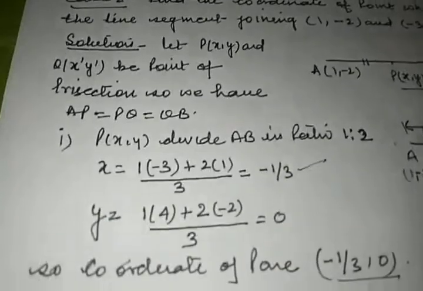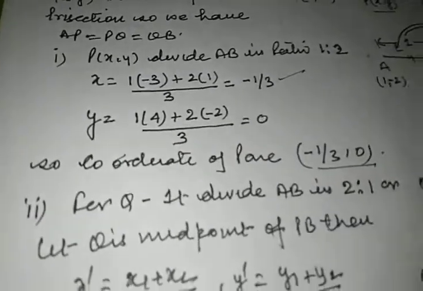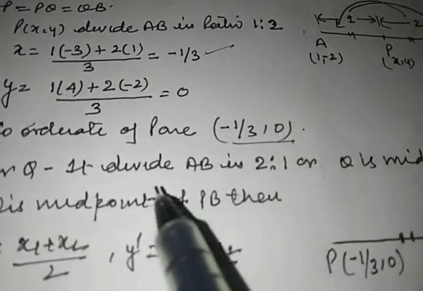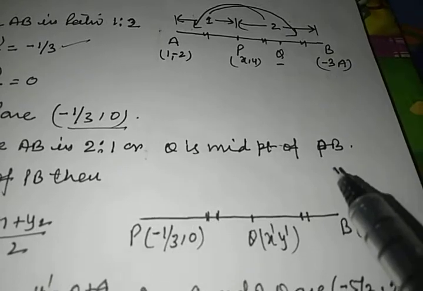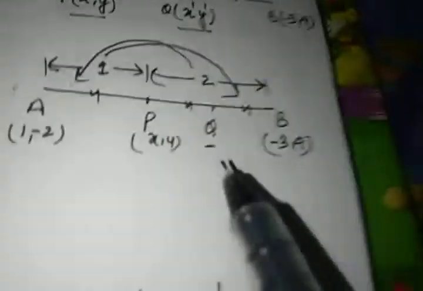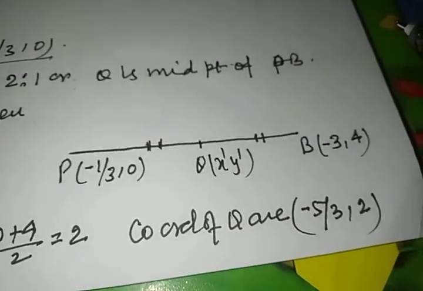Now we have to find the coordinates of point Q. For Q, two things are possible: it divides AB in the 2:1 ratio, or Q is the midpoint of PB.